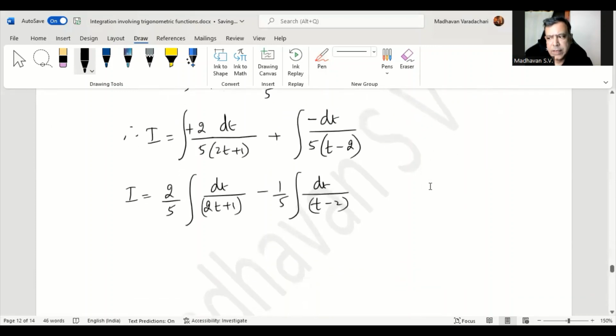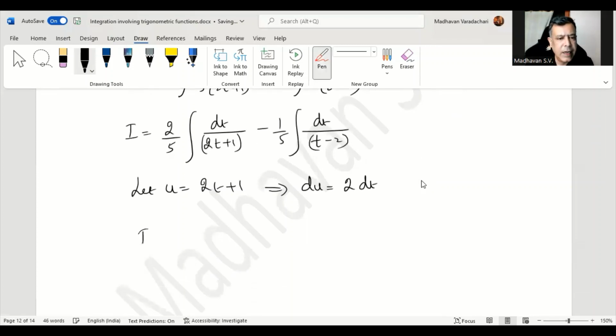Now, let us consider this u. Let u equal to 2t plus 1, which means du is 2 times dt. So I can rewrite this integral now as numerator 2 dt, which is nothing but du. Denominator, there is a 5, and we also have 2t plus 1, which is nothing but u. So I will say simply 5u. And this one, 1 by 5.